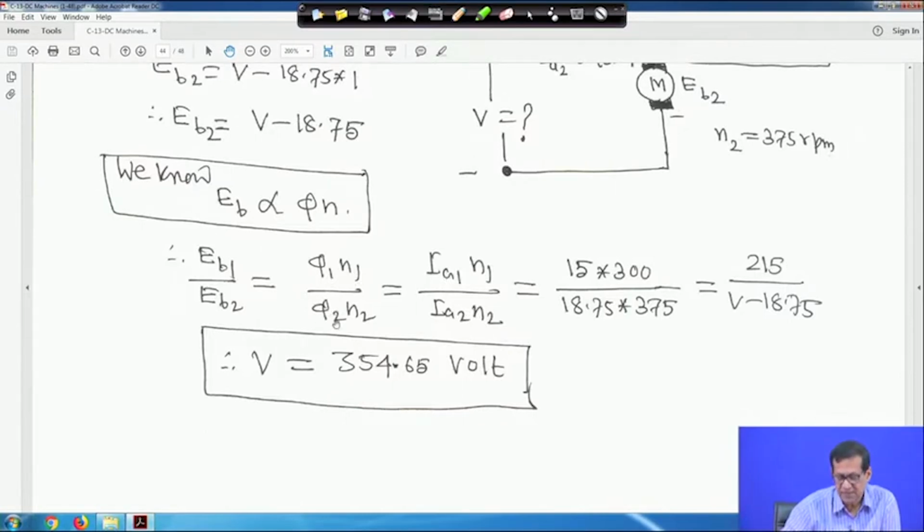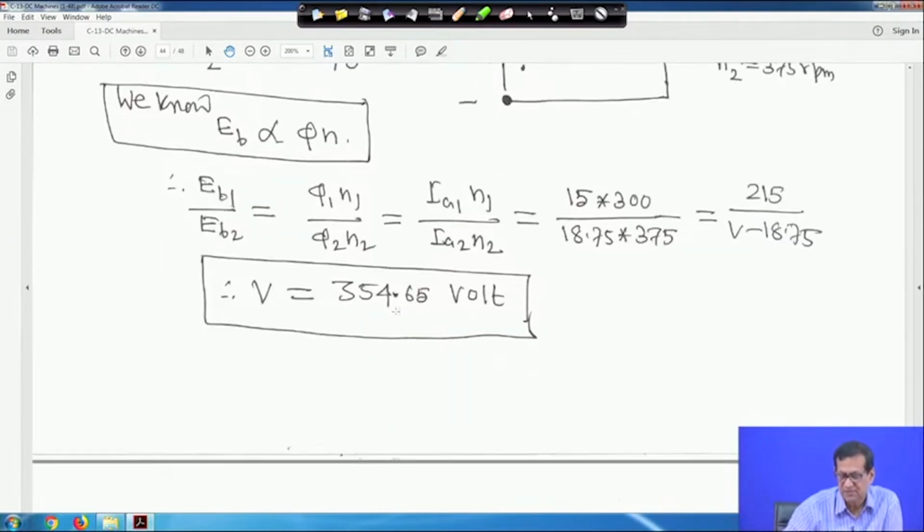Therefore, phi1 by phi2 is basically Ia1 upon Ia2. So, substitute all these values, because all these values are known, right. EB1 is 215 volt and EB2 is V minus 18.75. If you solve, you will get V is equal to 350.65 volt, right.